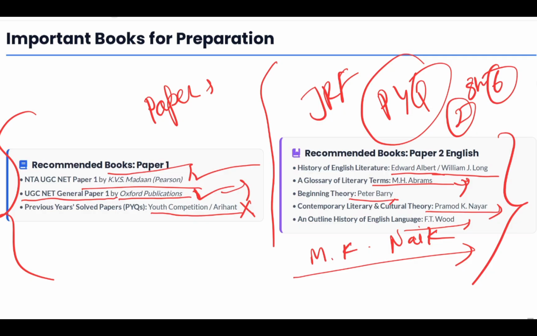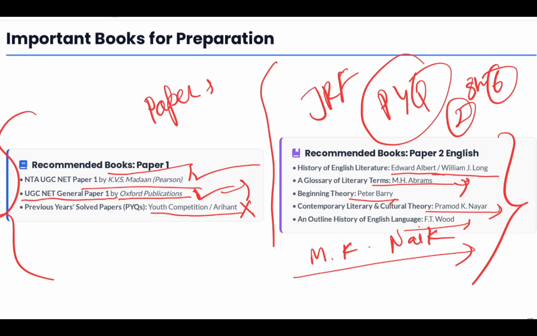I have read PYQ thoroughly, and I have revised PYQ twice or thrice. I realized that simply reading literature was not enough. I needed to understand how that knowledge was converted into MCQs. So PYQ, previous year questions, is very helpful.